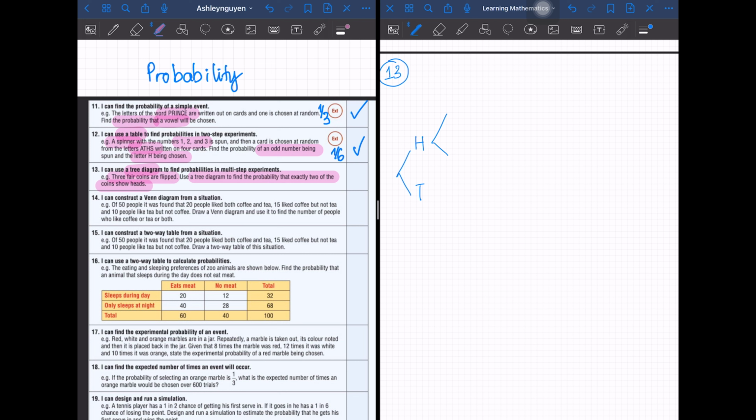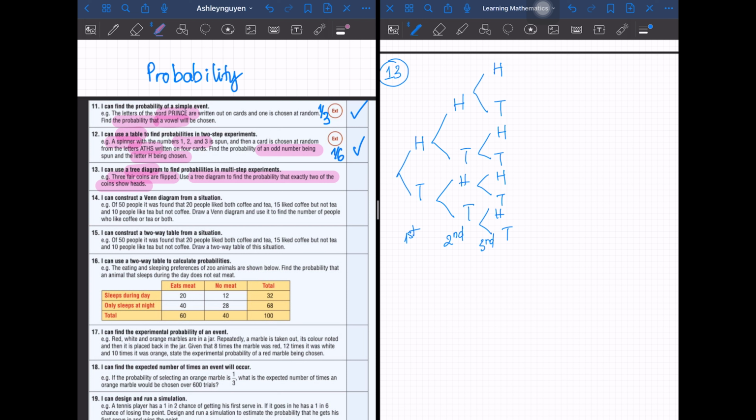The second coin could be head, tail, and the next one, head and tail, head and tail, head and tail, and head and tail. First coin, second coin, third coin.